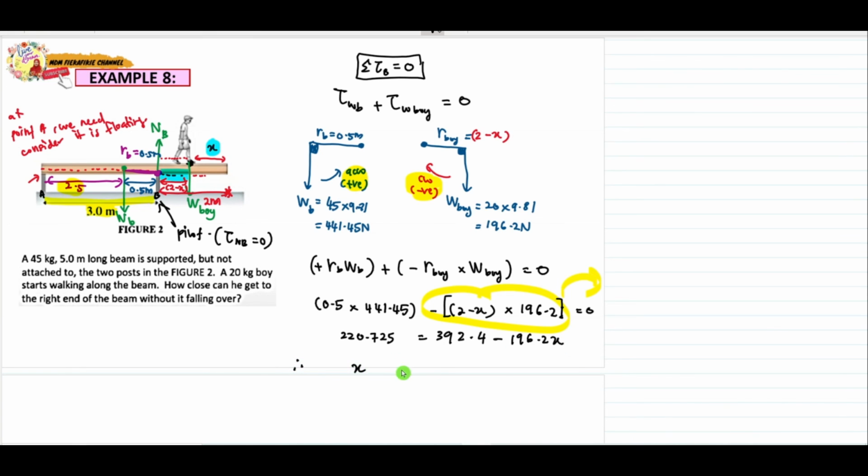Therefore, settle this equation. We try to solve. X is equal to 0.875 meter. Maknanya position of the boy, before he falling over, from the right end of the beam, X is equal to 0.875 meter. So finish example number 8.